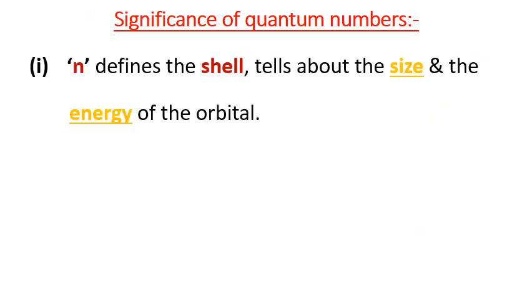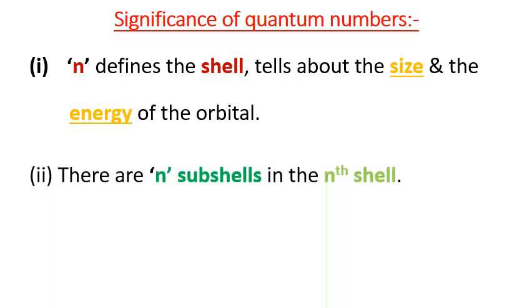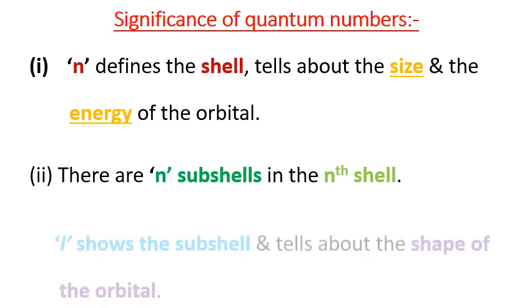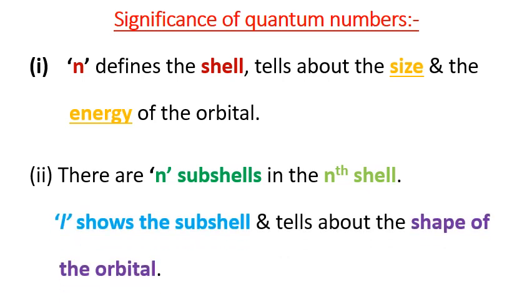Let us discuss the significance of quantum numbers. The principal quantum number, that is n, defines the shell and tells about the size and energy of the orbital. There are n subshells in a given shell, that is n. l shows the subshell and tells about the shape of the orbital.